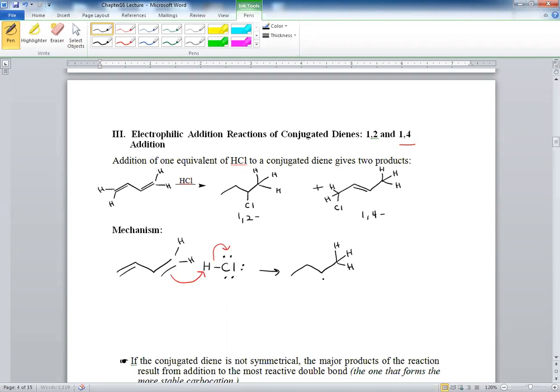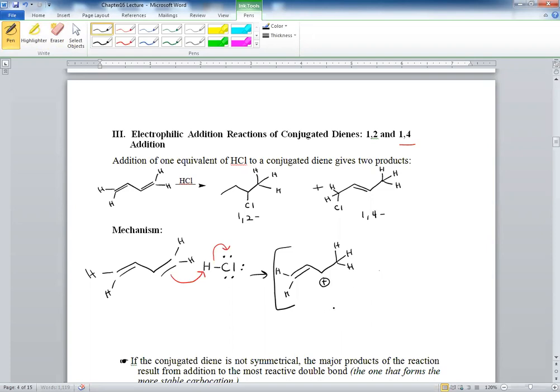And then there's a positive charge on this carbon right there. Once again, I'm going to draw the H's at the end here because they're important.